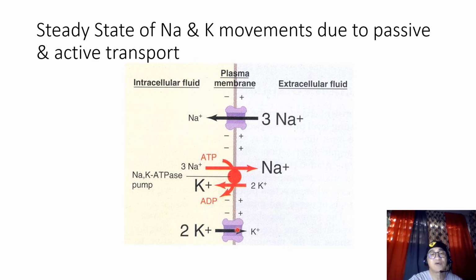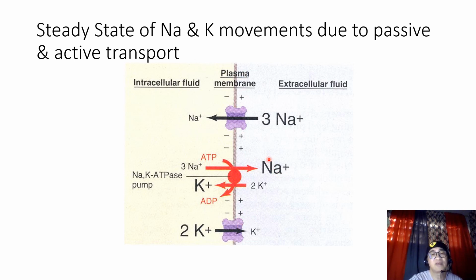So more potassium ions diffuse out of the membrane than there are sodium ions diffusing into the membrane. Hence, because of these larger numbers of potassium ions diffusing out, you have a slightly negative charge on the inner, cytoplasmic side of the membrane, while the outer side is positively charged.